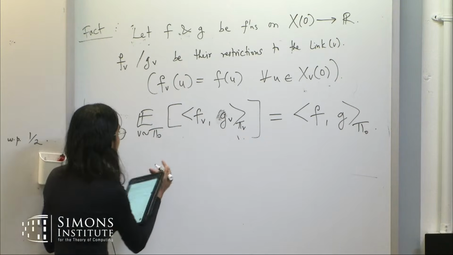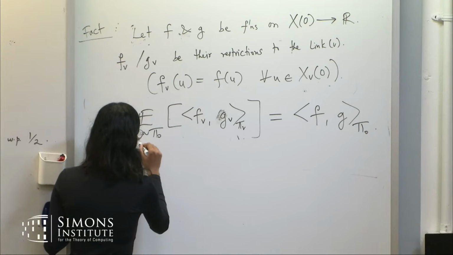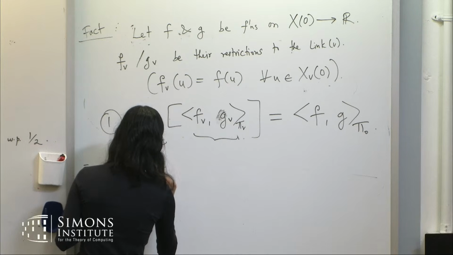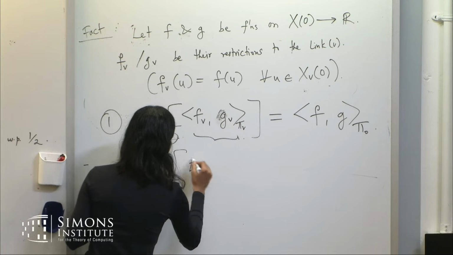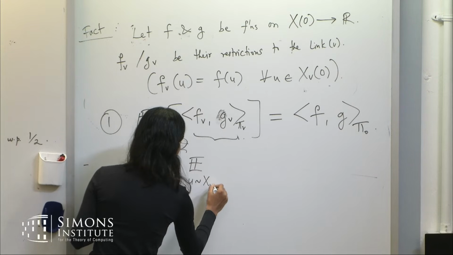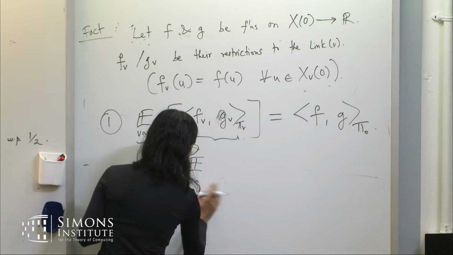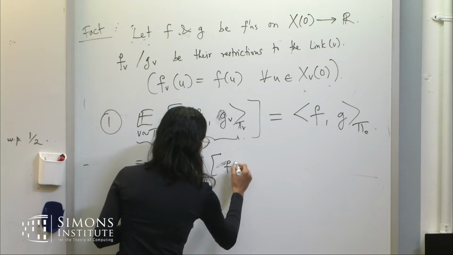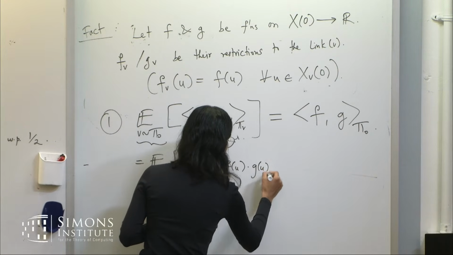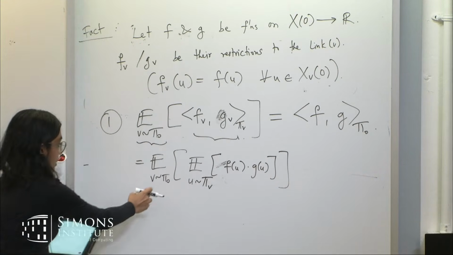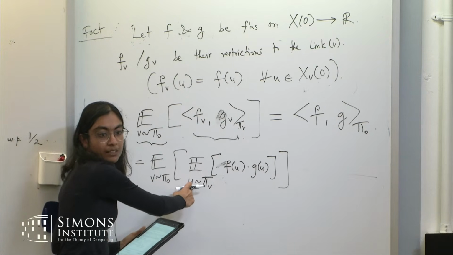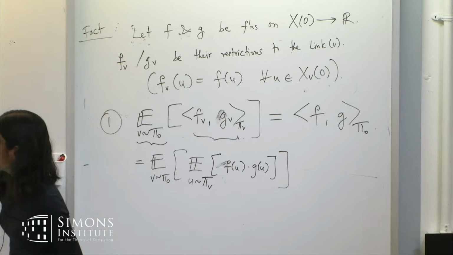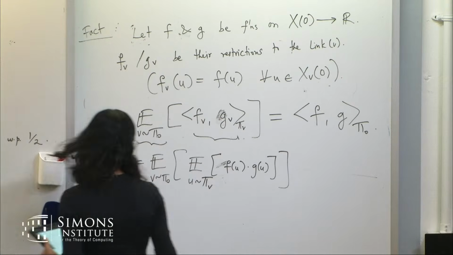Why this is true is because we can rewrite this as the expectation over V of the expectation over U in the link of V of f of U times g of U. This is the process where you sample a vertex and another vertex U in its link, which is the same as sampling a vertex directly from the pi 0 distribution.